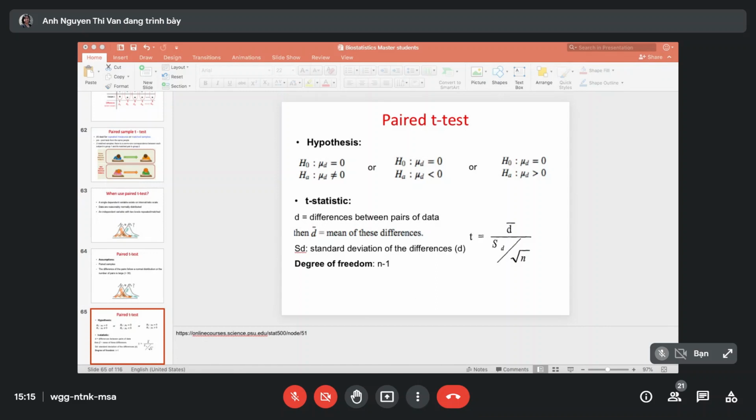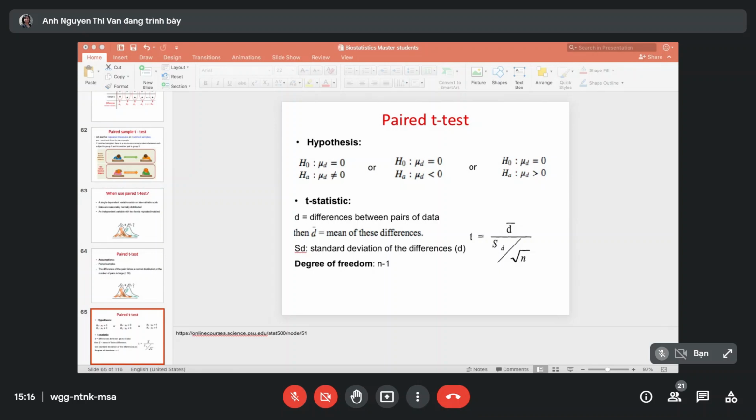So in the first case, μD different from 0, we can just say that the two groups are different. But in case μD is less than 0, we can conclude that group 1 is lower than group 2. Yes, it's correct. So in case μD is higher than 0, Đỗ Bích Ngọc. The data of group 1 is higher than group 2.